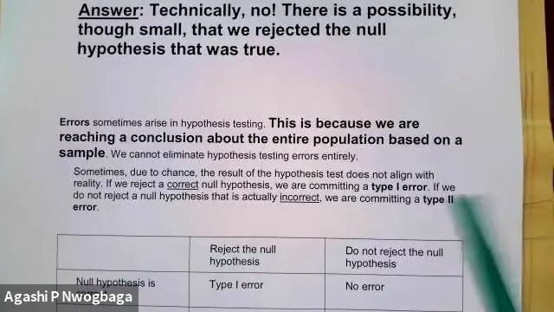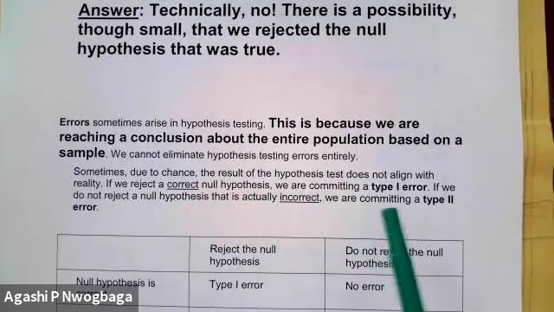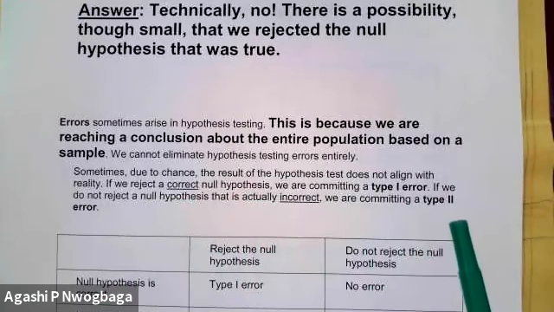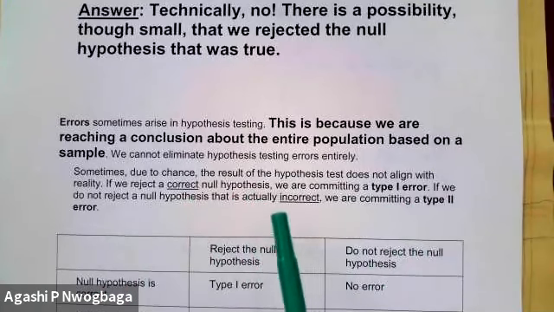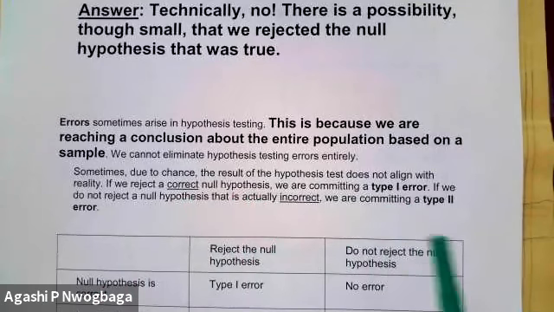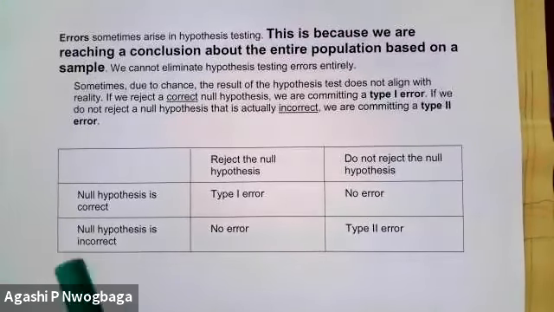Let's say it one more time. If we reject a correct null hypothesis, we are committing a type 1 error. If we do not reject a null hypothesis that is actually incorrect, we are committing a type 2 error. So a summary of what we have said in table form will be this.